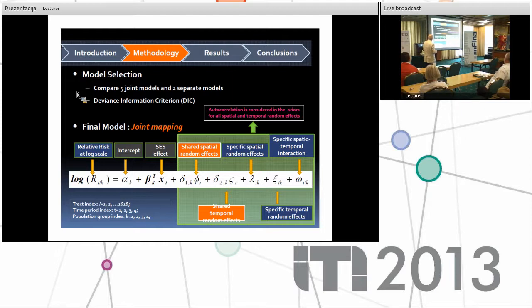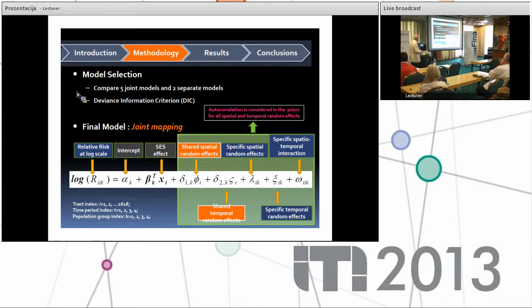So the final model using this joint mapping is you wanted to calculate the relative risk at the log scale, and he incorporated a SES effect, or socioeconomic status effect, based on the data that he had for each geographic area. And then he used the shared spatial random effect, and then a specific spatial random effect, and a specific spatial temporal interaction term.